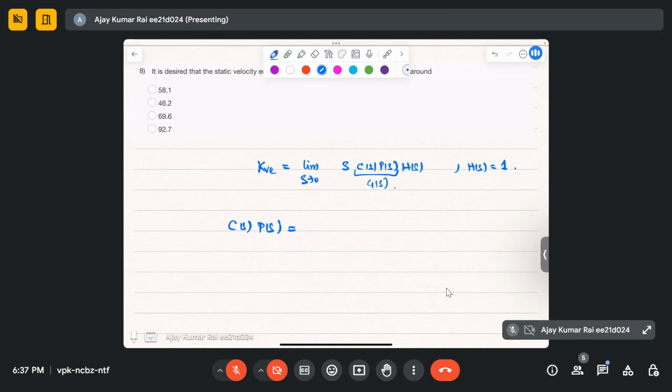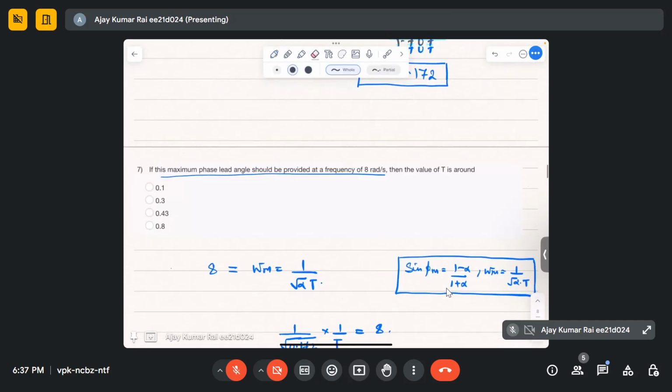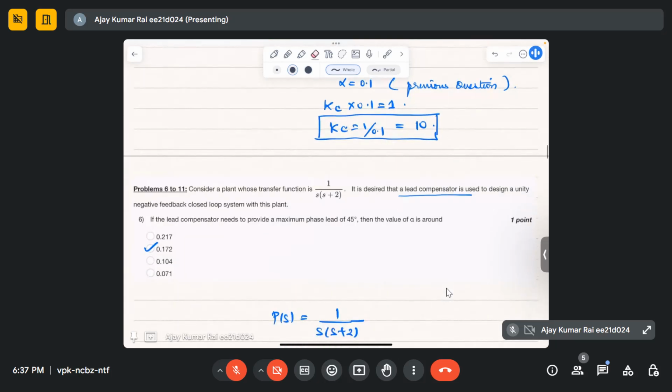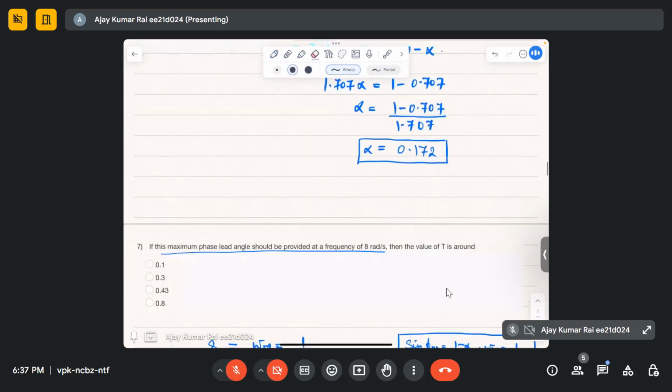C(s) is Kc into alpha (1 plus sT) by (1 plus s alpha T), and the plant transfer function is already given. P(s) is 1 by s(s plus 2).